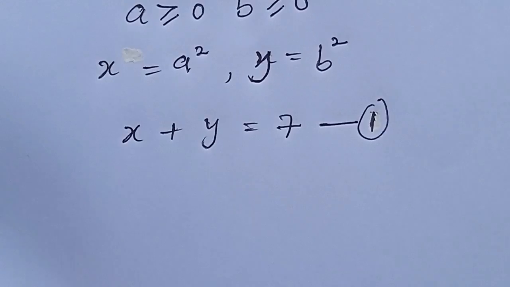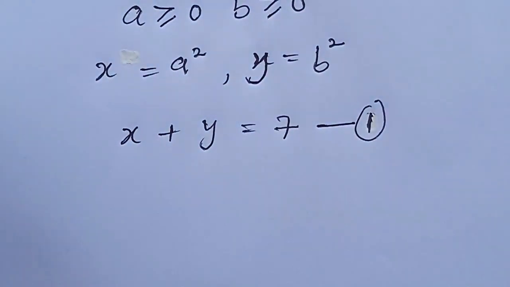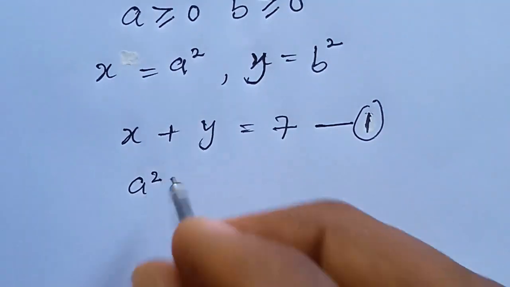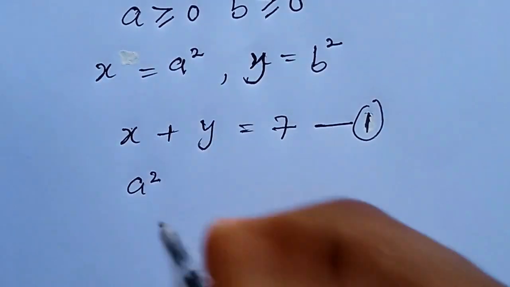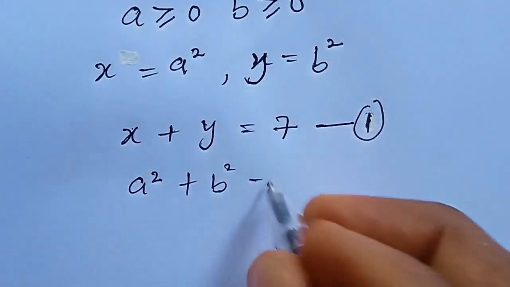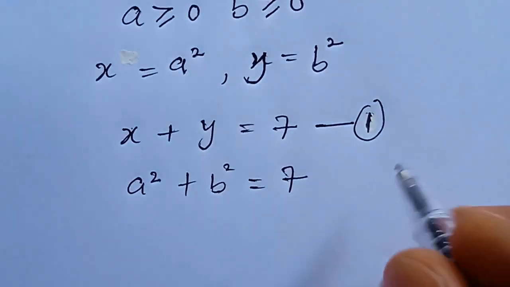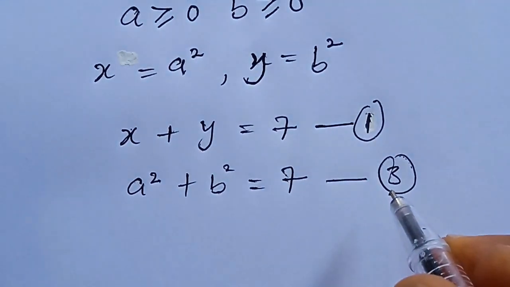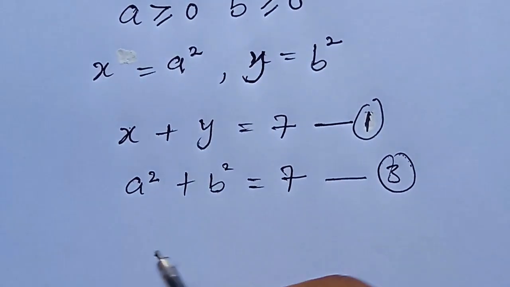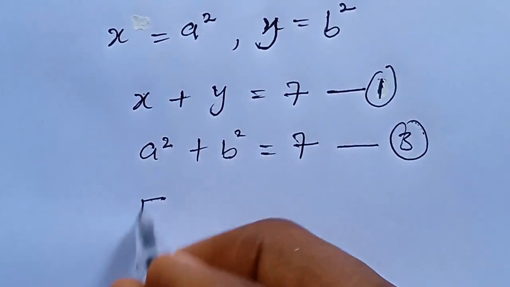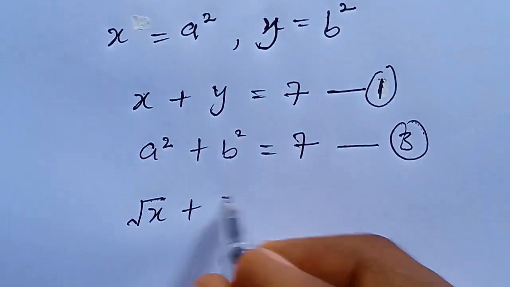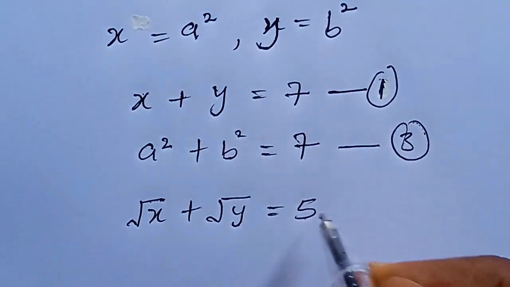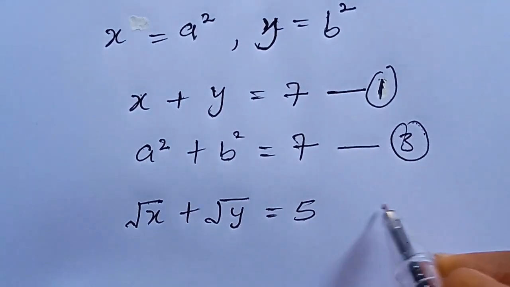From x plus y equal to 7, we substitute to get a squared plus b squared equal to 7, and we term this equation 3. Here as well, from the system, square root of x plus square root of y equal to 5, this is from equation 2.